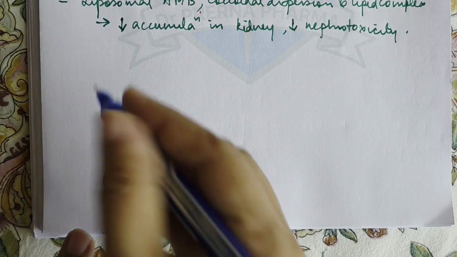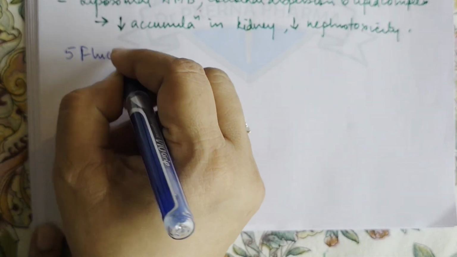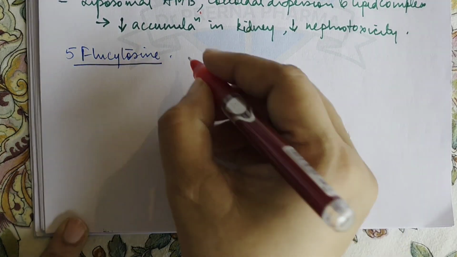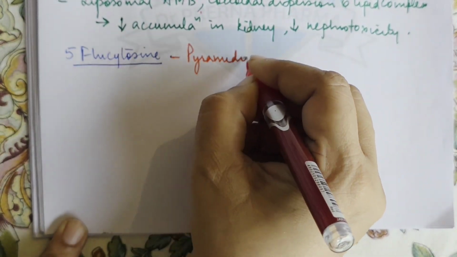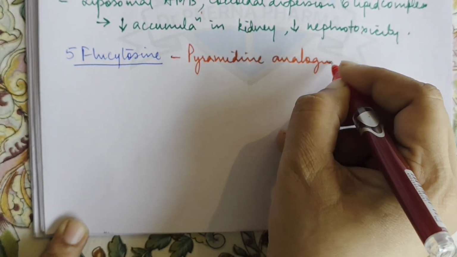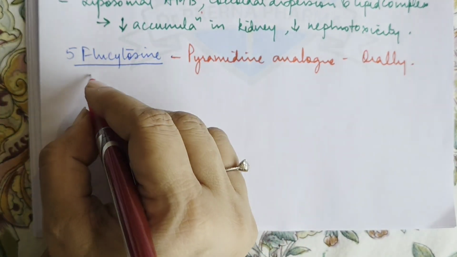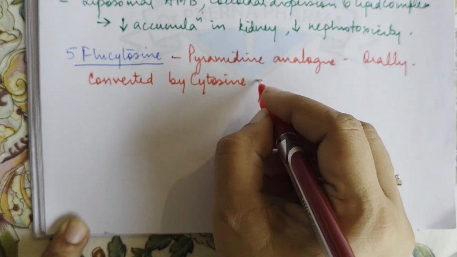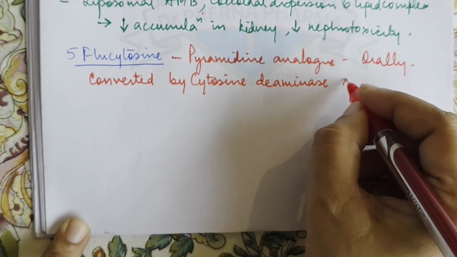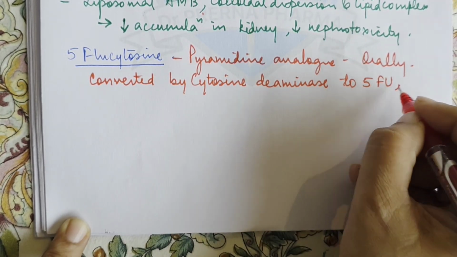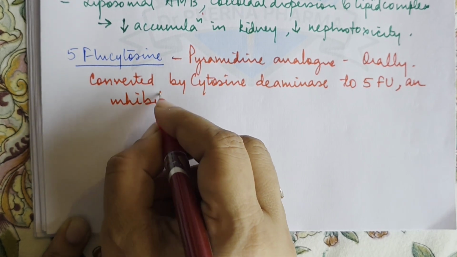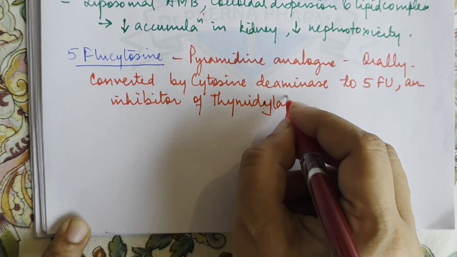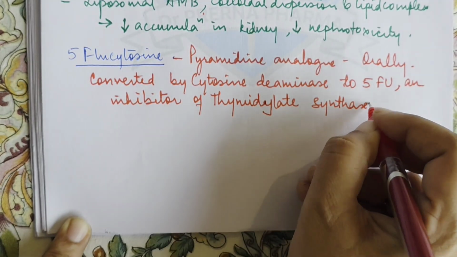Coming next to antimetabolite, that is 5-flucytosine. We know this is a pyrimidine analog, right? And it is given orally. It is basically converted by cytosine deaminase to 5-fluorouracil, which is an inhibitor of thymidylate synthase, right?